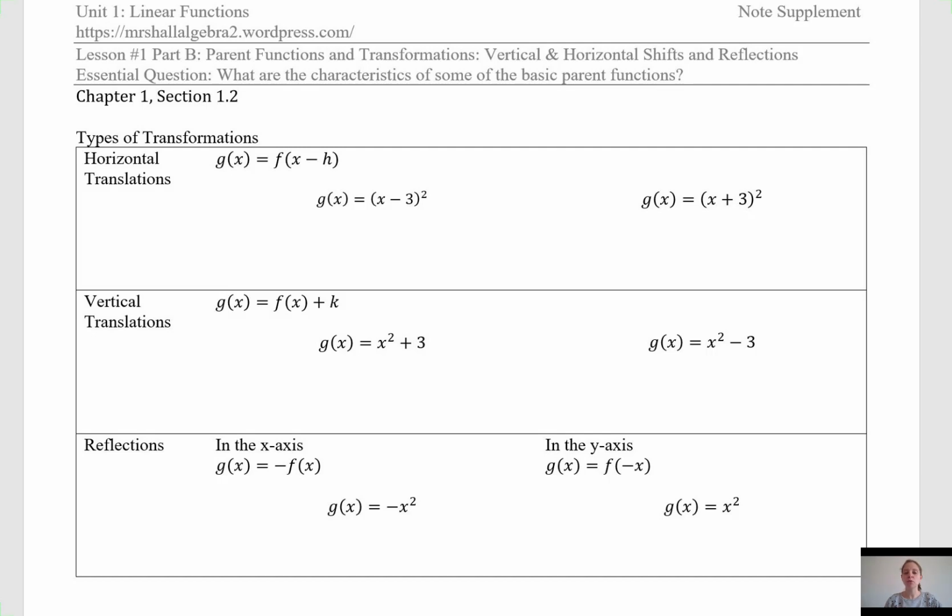Okay, we'll begin by reviewing what we learned in the previous lesson, which was, given a parent function, let's use the quadratic, so x squared, we discovered what happens when you shift different attributes of this x squared.